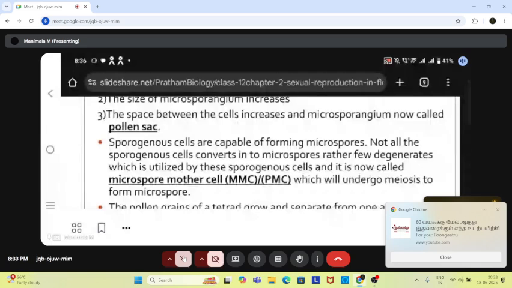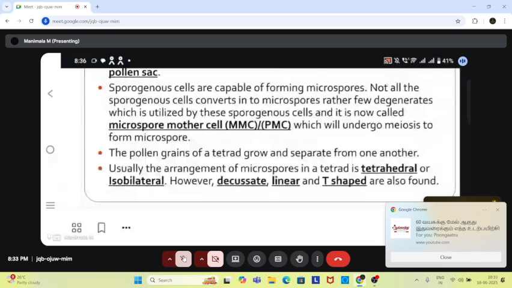So when the sporogenous cells divide, thousands of microspores will be formed. Once again, I'll recap from the beginning. Microsporogenesis is the formation of microspores, or pollen, from the pollen mother cell.